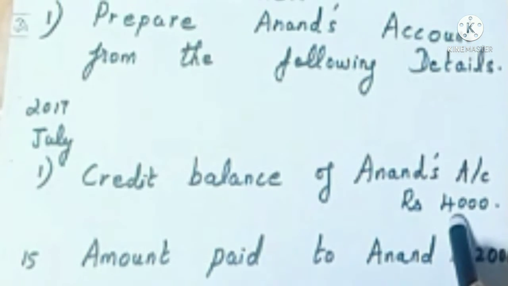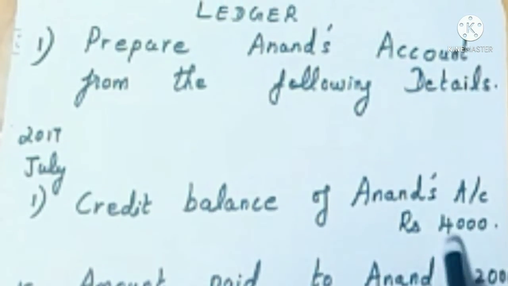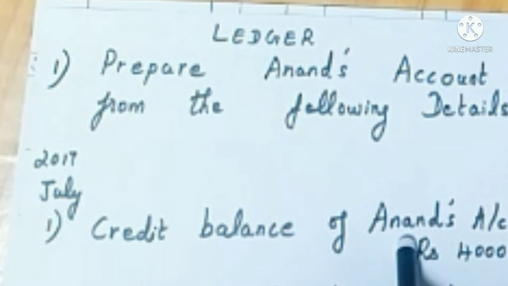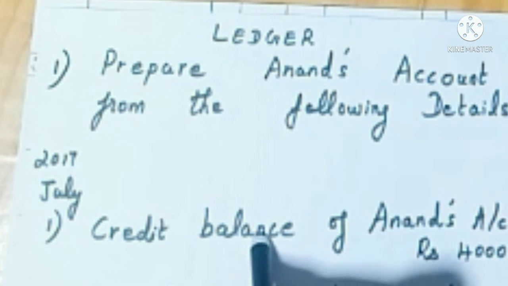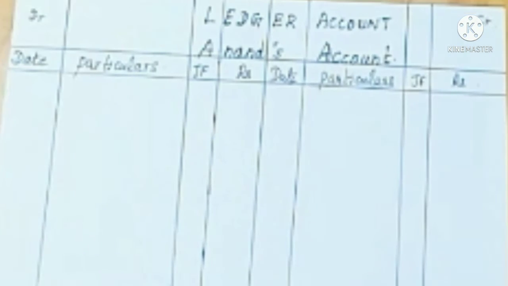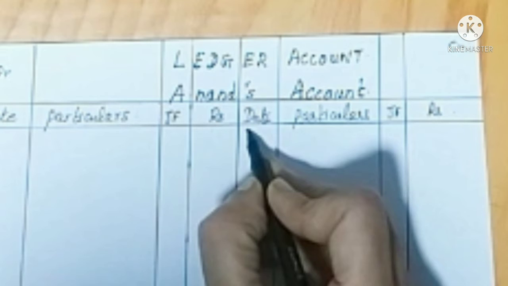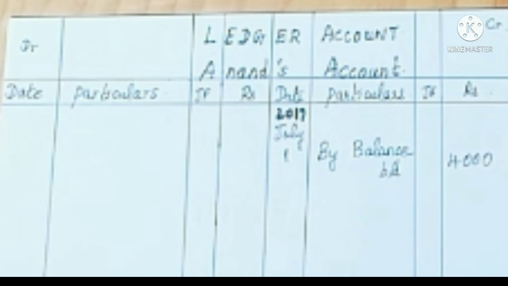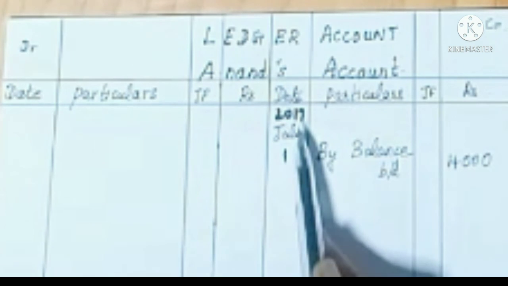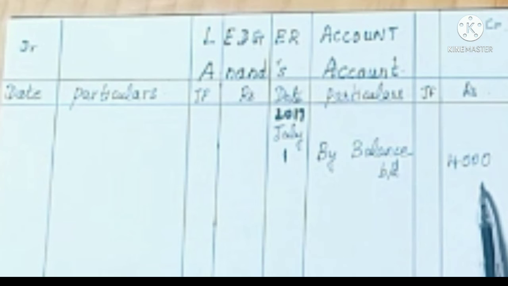In Anand's account, we have to write by balance brought down 4,000 because Anand's account has a credit balance. So we have to write it on the credit side of Anand's account, rupees 4,000. So now I am going to write the date. On July 1st, 2017, I have written by balance brought down rupees 4,000.